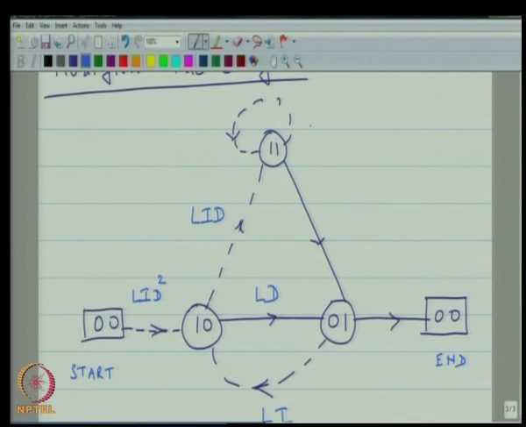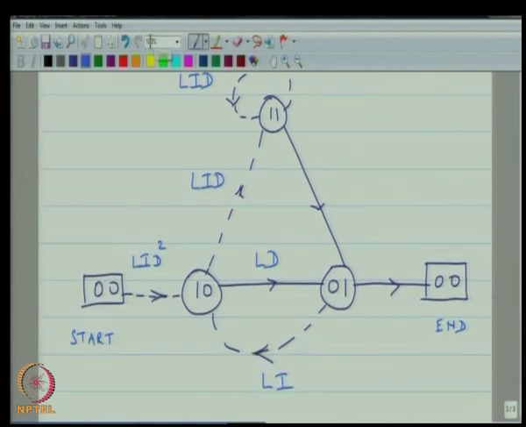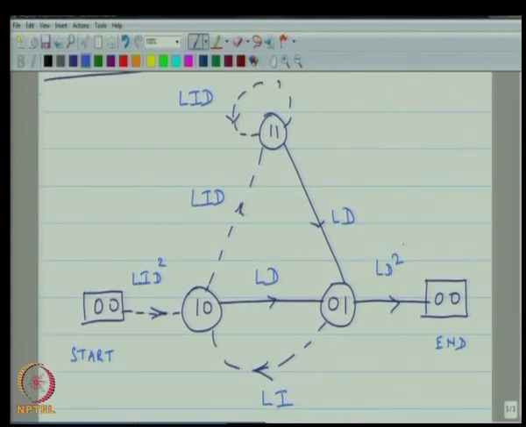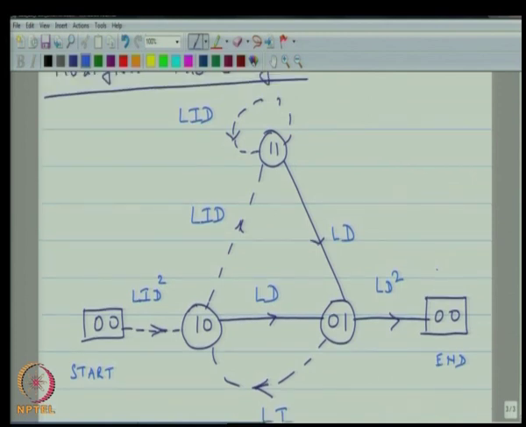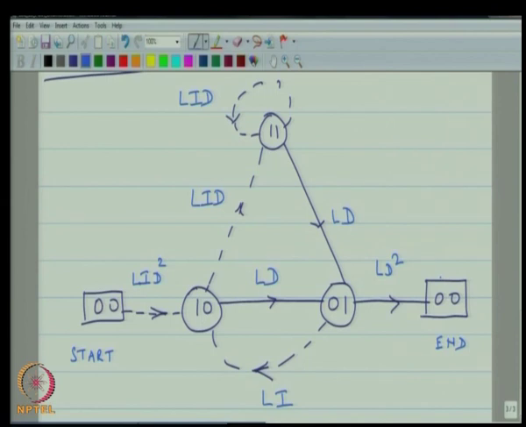From 1 1 back to 1 1 is LID. From 1 1 to 0 1 is LD. And then from 0 1 back to the 0 0 state is L D squared. So this is our modified state diagram, and you can actually now do some enumeration.